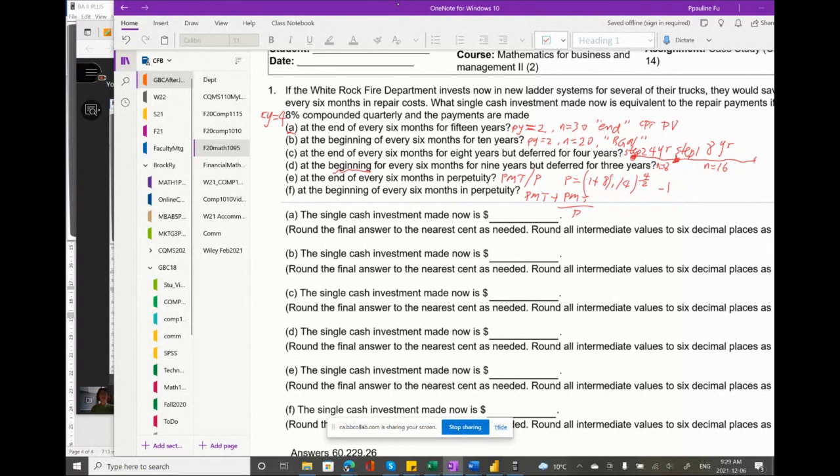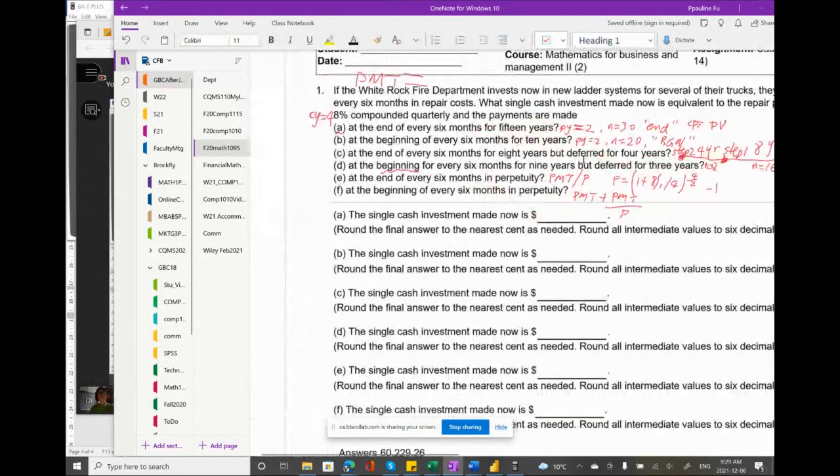PY is 2. Term N is given. PMT is given, PMT 35,000. That is PMT. And then compute PV.